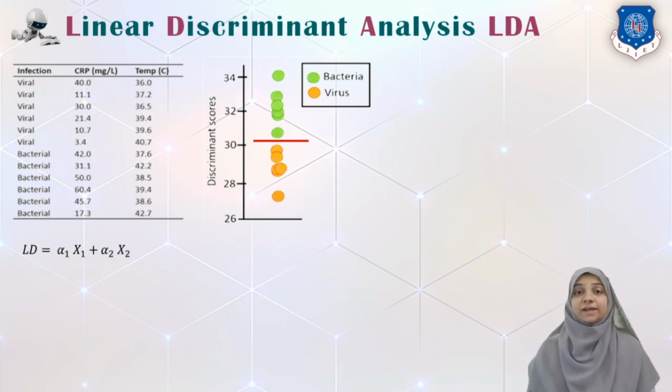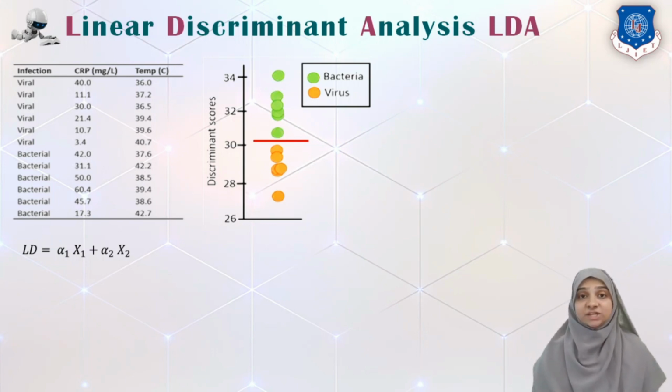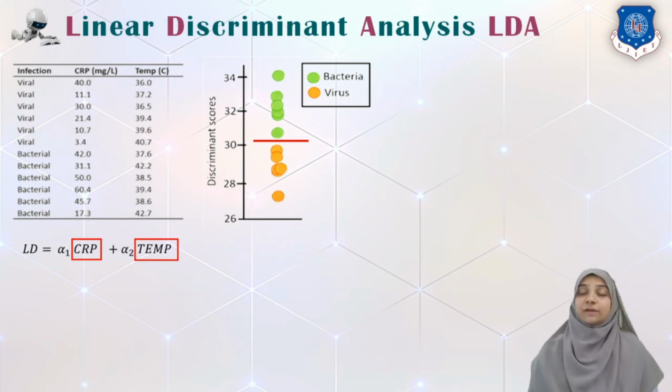The linear discriminant is calculated as alpha 1 times x1 plus alpha 2 times x2. Here x1 and x2 are respectively our temperature and CRP. So let me substitute values of x1 and x2 respectively. The first feature is CRP and the second feature is temperature. I can put them in any order.